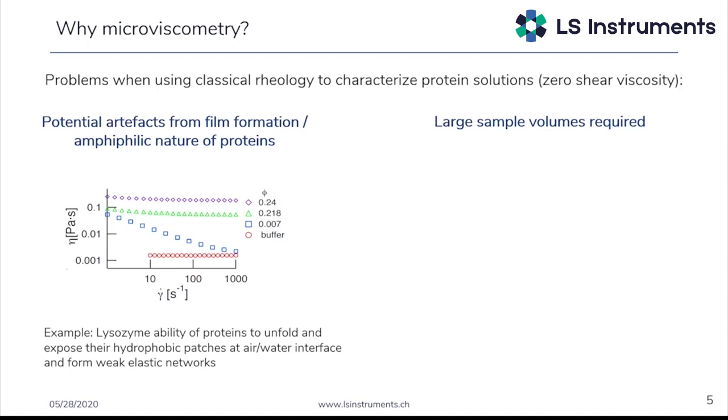And we see that the shear rate dependence of the viscosity of the lowest concentration is actually looking odd. It almost looks like it's a viscoelastic solid. You see a very strong shear rate dependence of the data. That is actually because here what we measure is no longer the solution viscosity, but we primarily see the effect from this viscoelastic surface layer.